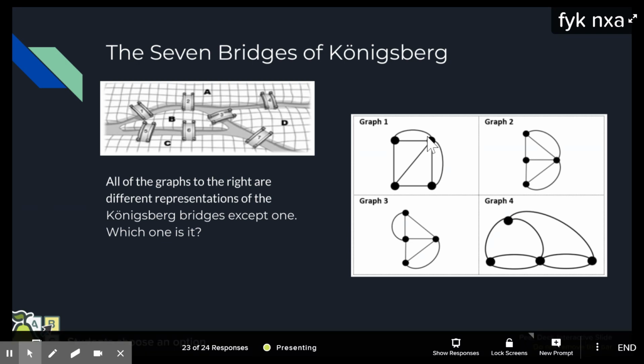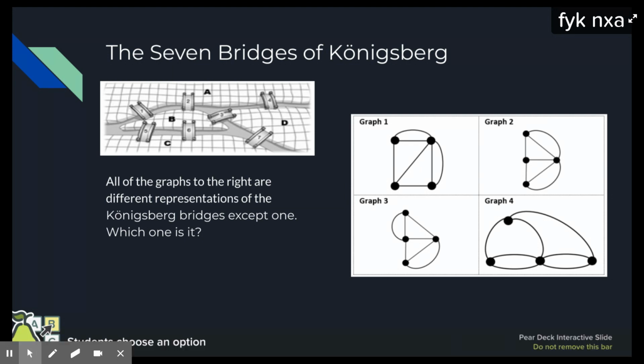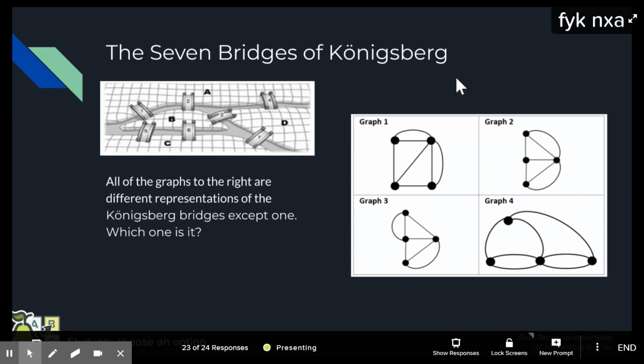This one on the top right on graph one has 1, 2, 3, 4, 5 vertices touching it, which has to be that island B. But graph three does not have any vertex that has 5 vertices touching it. So graph three cannot possibly be a representation. So if you got graph three, bravo, good job. First time you've seen it, obviously, but don't worry. This is why we're starting this out like this.